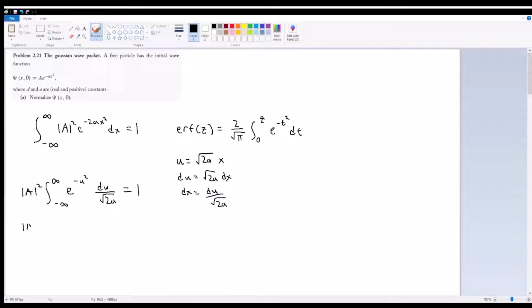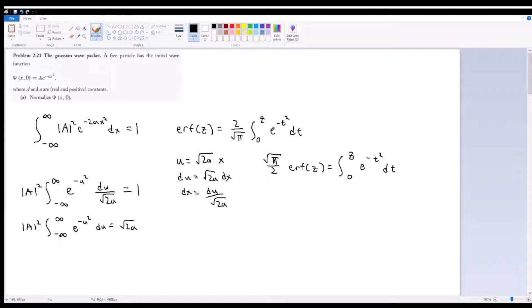So magnitude A squared, integral from negative infinity to infinity of e to the negative u squared du equals square root of 2a. From here, we go back to this ERF function, so we say that square root of pi over 2 times ERF of z is equal to the integral from 0 to z of e to the negative t squared dt.